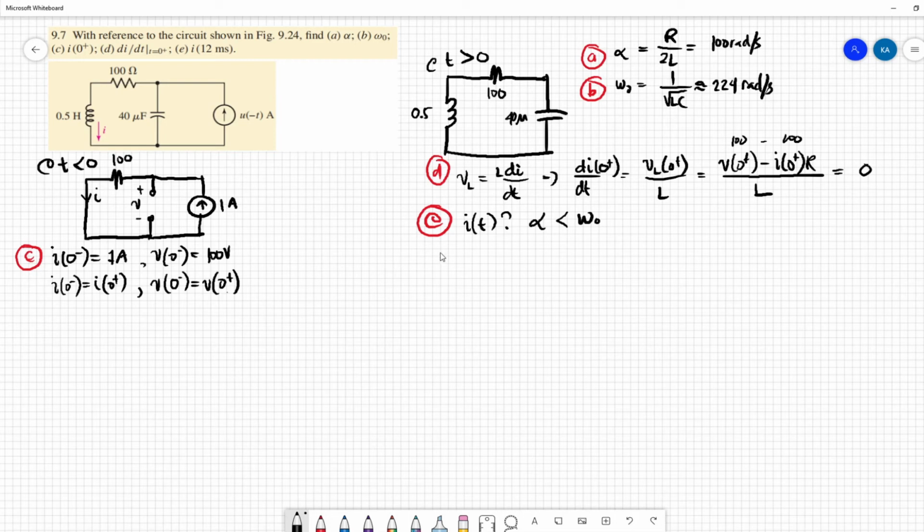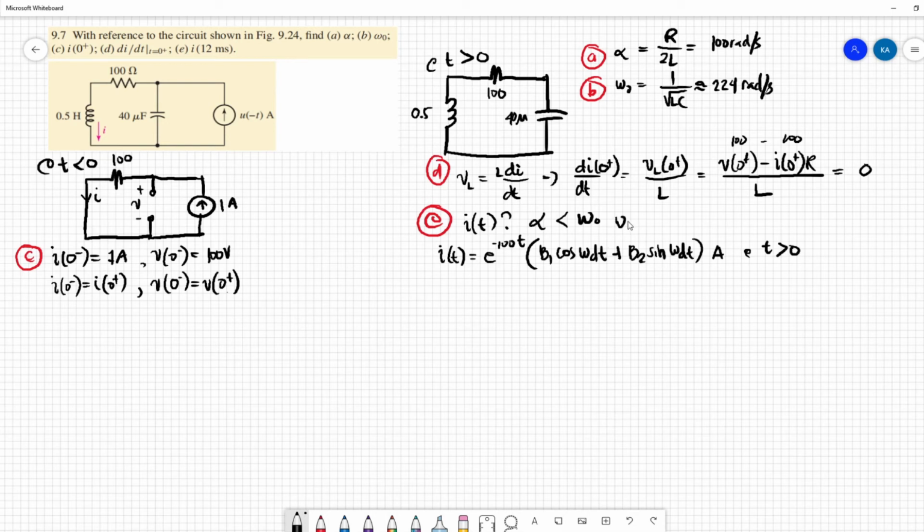So the underdamped expression for I of t is equal to e to the negative 100t times b1 cosine of wd t plus b2 sine of wd t amperes, at t greater than 0.